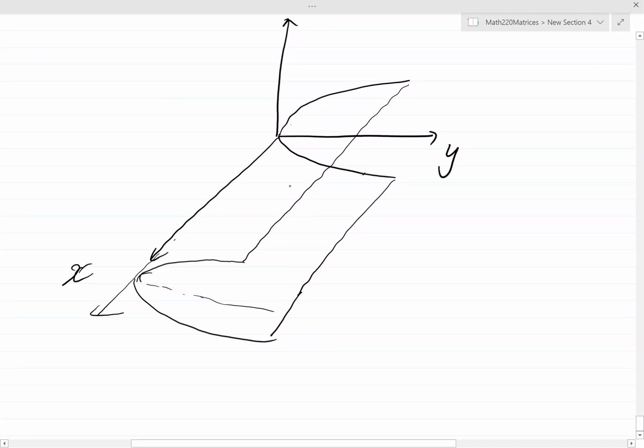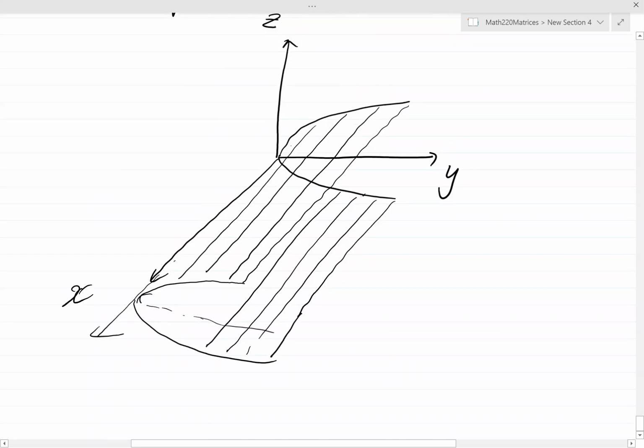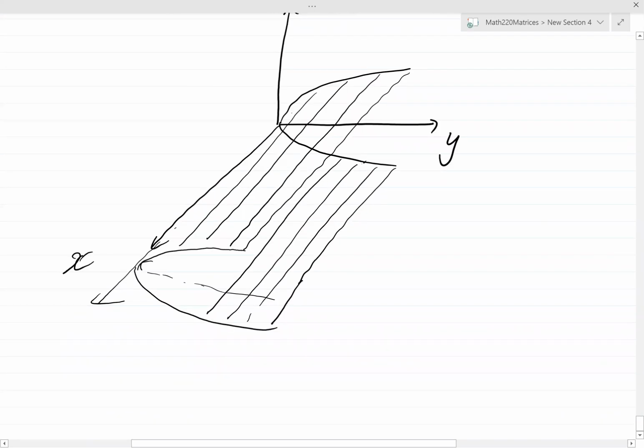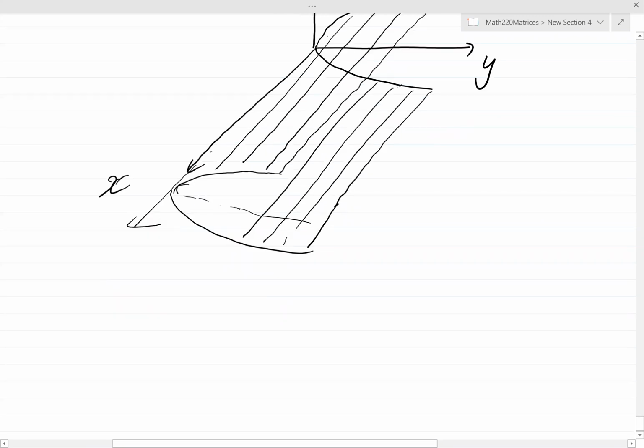So this is the surface that we obtain, a surface in three-dimensional space. We translate the parabola along the x-axis direction, and then we get a surface. Now, what do we get for this surface?